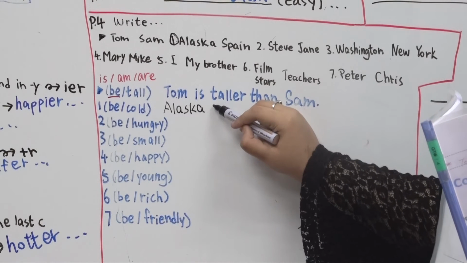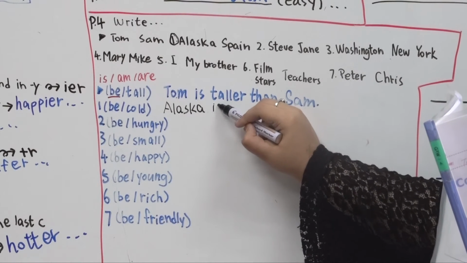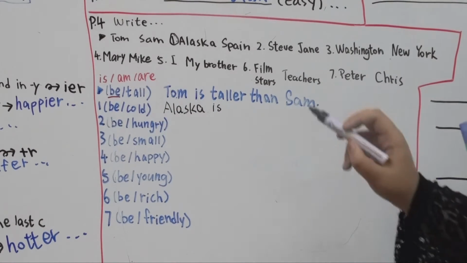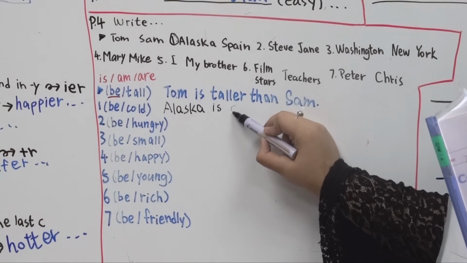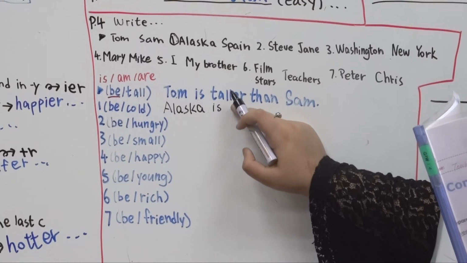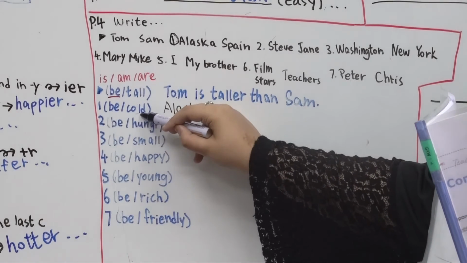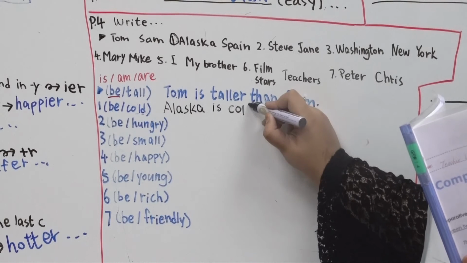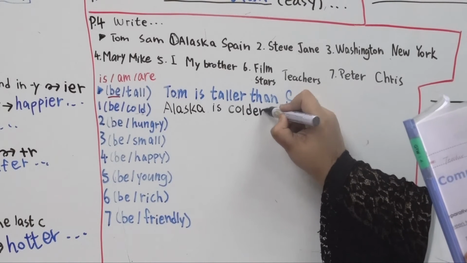So Alaska is one country, so that's why we use is. Cold becomes colder, right? Anything special? No, right? So we add ER and then than.